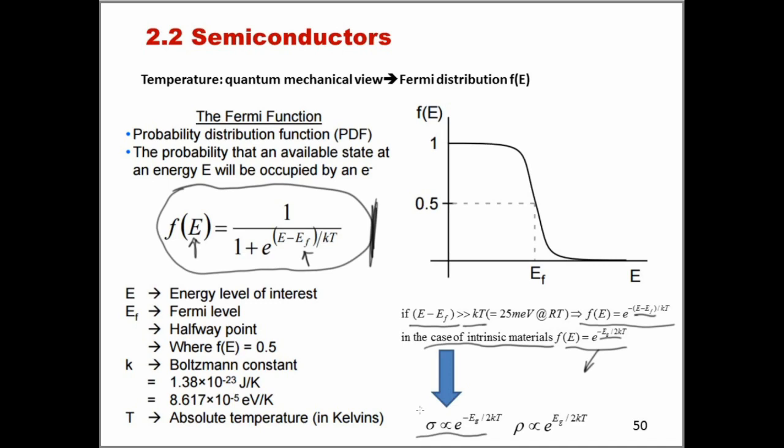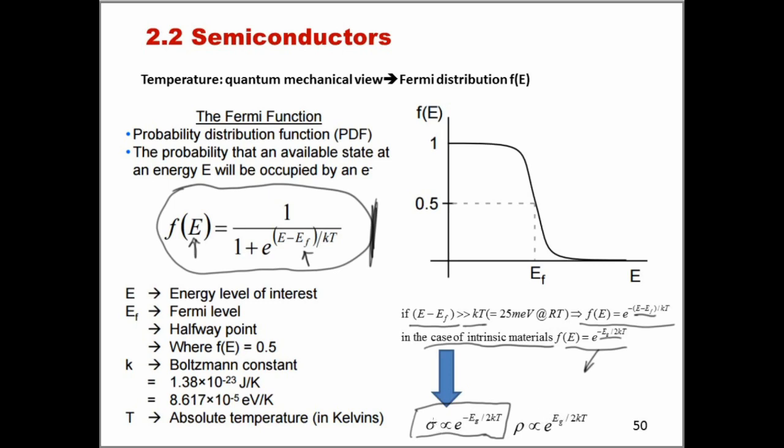That's how we produce this result. And obviously, because the conductivity is defined as the inverse of the resistivity, we can also say that the resistivity depends exponentially on the band gap, obviously with an inverse dependence.